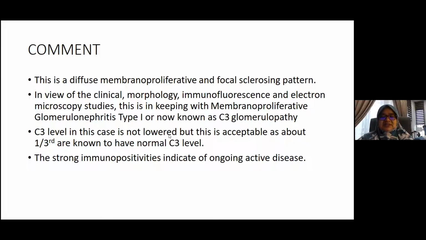C3 in this case is not lowered, but this is acceptable as about 1/3 are known to have normal C3 levels. And the strong immunopositivity indicates an ongoing active disease.